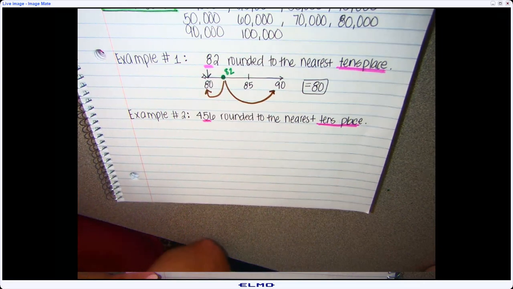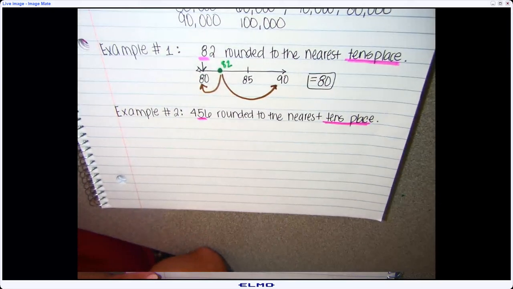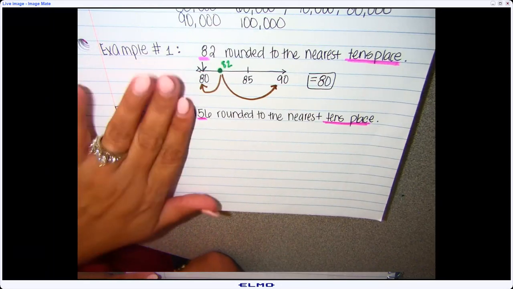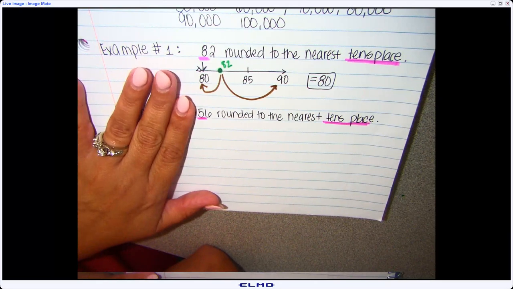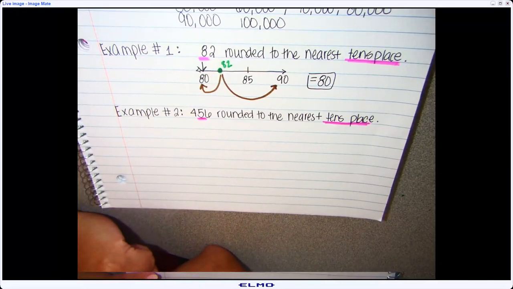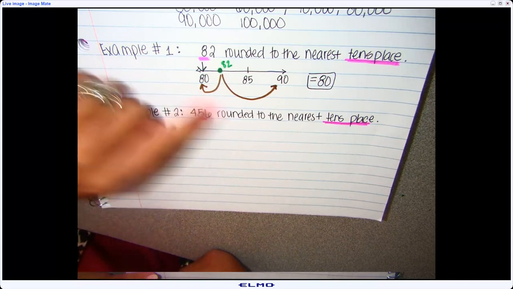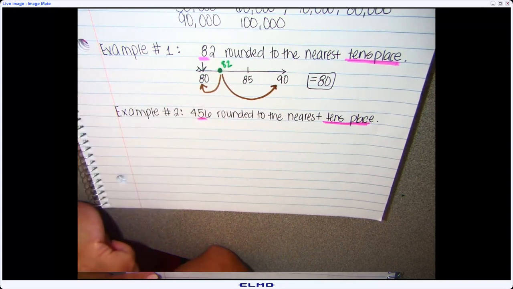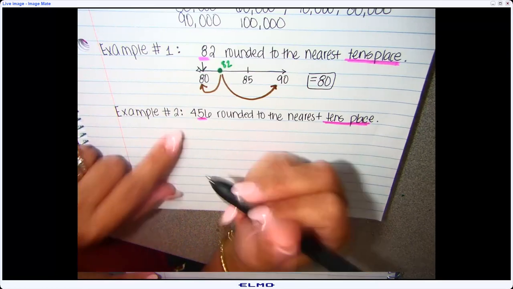So after I have figured out they want me to round to the nearest tens, that means that I'm counting by tens, yes? But this 5 doesn't just stand for 50. What does this 5 actually stand for? It makes up a larger number, 456.